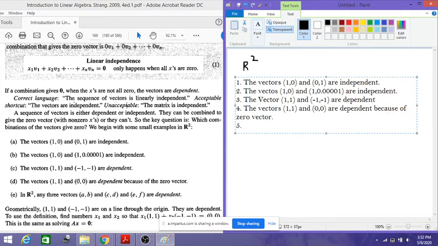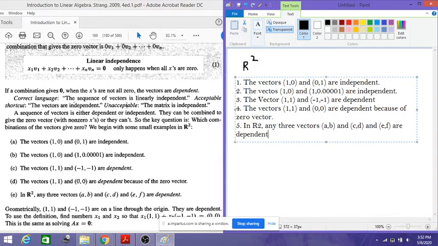And the fifth point is in R square, any three vectors, that is AB, CD and EF, are dependent.